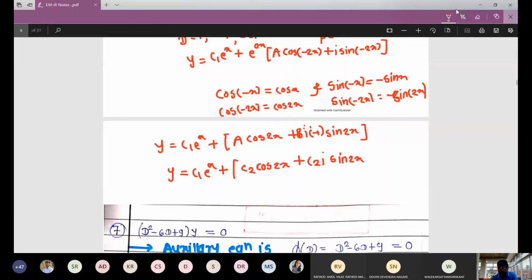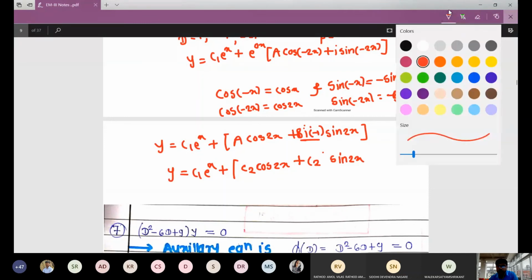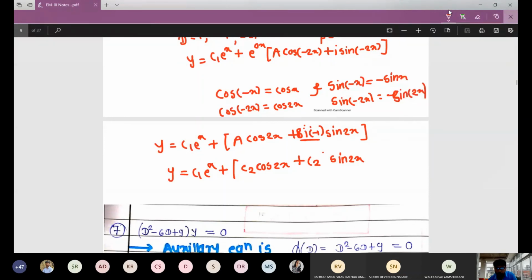I'm putting this b i times minus 1 as another constant, say c3. So this is another constant, i times b minus i times b.